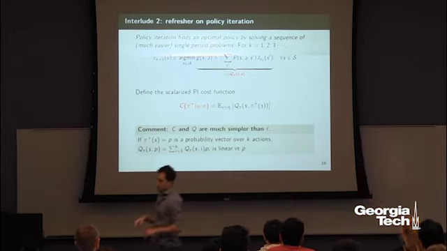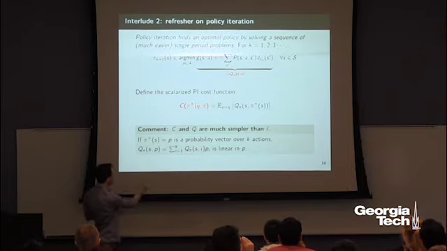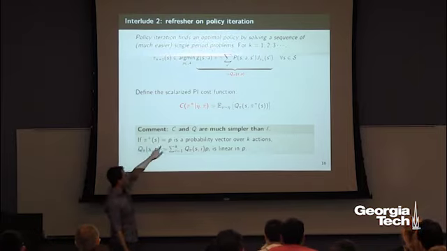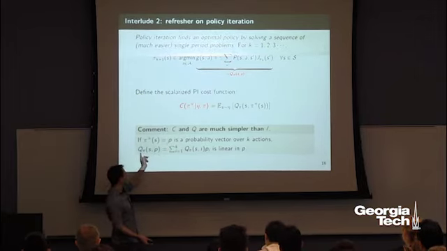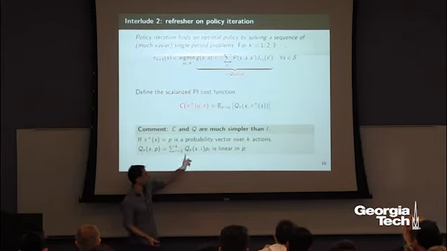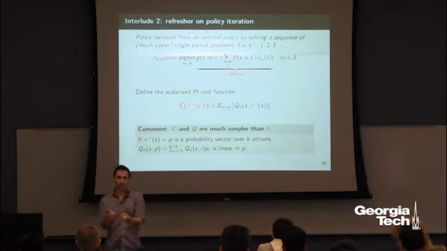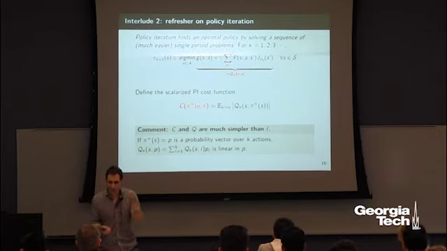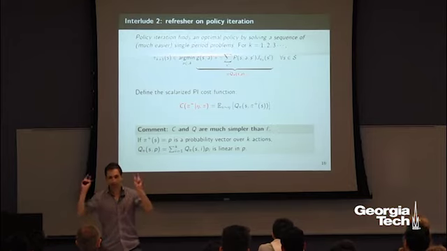Just as a comment, in the natural case where what I'm picking is a probability vector over k basic actions, the Q function is just a sum of the Q values weighted by their probabilities. So as a function of the probabilities I play, this one-period problem is a linear optimization problem. Clearly quite nice, clearly convex.